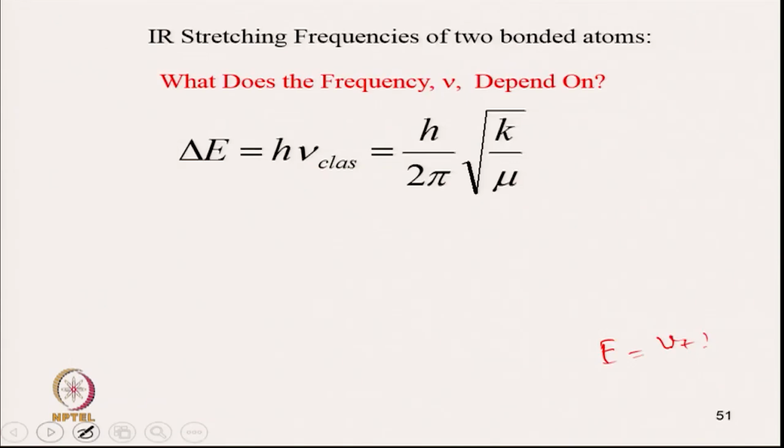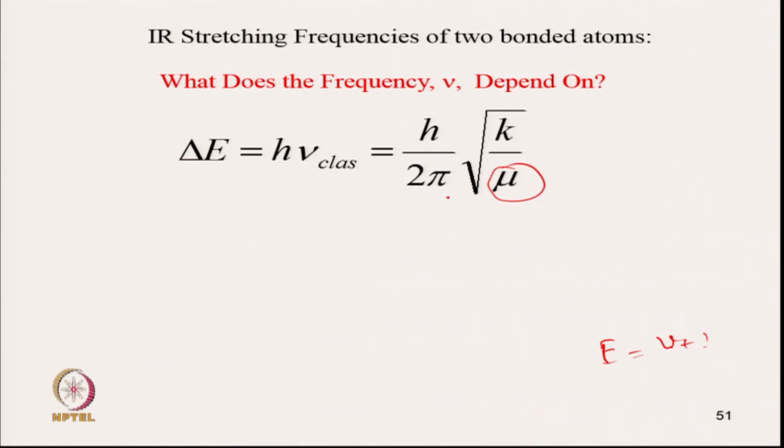So, for a transition between two allowed levels, your delta E is going to be h by 2 pi times the square root of k by mu. Here we have replaced m by mu because we are dealing with more than one atom, where mu is the reduced mass and k is again the force constant.